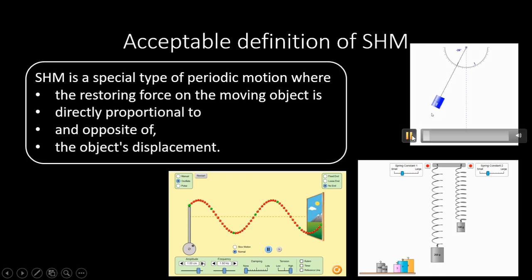For example, we have taken the simple pendulum. When we take the simple pendulum and release it, we see the simple pendulum is swinging left and right.